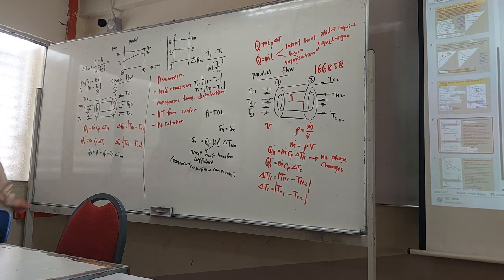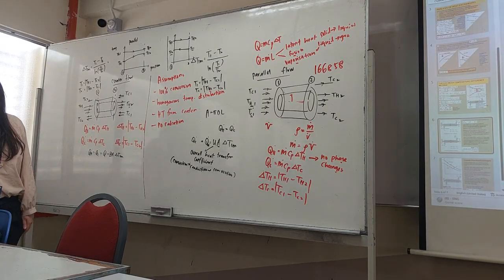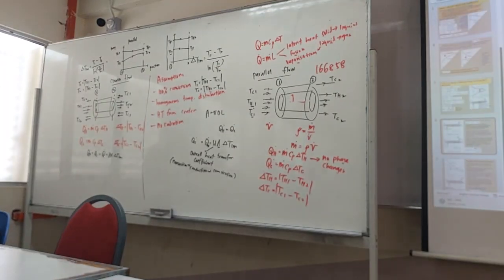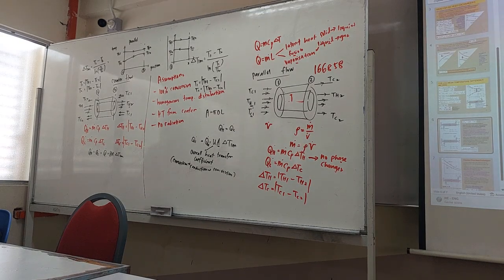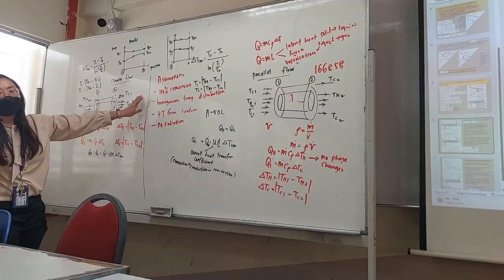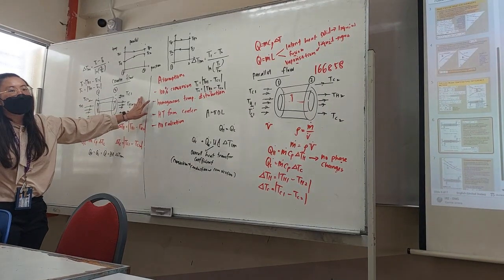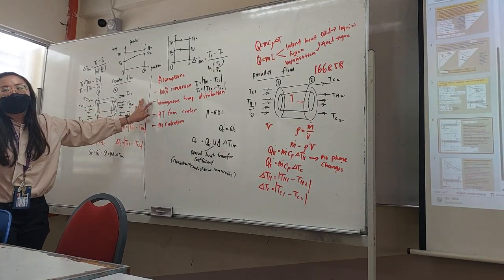The calculations are exactly the same as your lab. If you understand your lab report, for sure this part is no issue. And do not forget your assumptions. A lot of you missed the assumptions in your lab report.